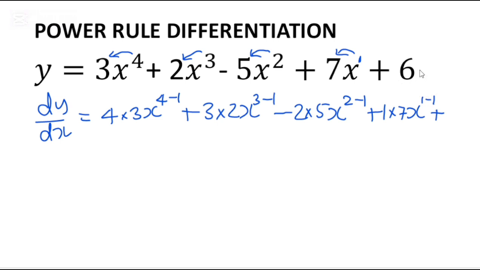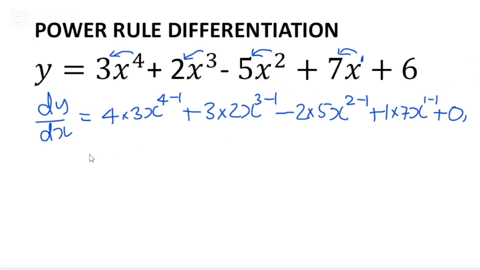Plus, from previously we saw that the derivative of any constant is 0. This is when we said 6 is the same as 6x to the power 0, and then multiplying the power by this number, you have 0 times 6x to the power 0 minus 1. 0 times any number, the whole of this is going to be 0. So the derivative of any constant is 0. Let's simplify.